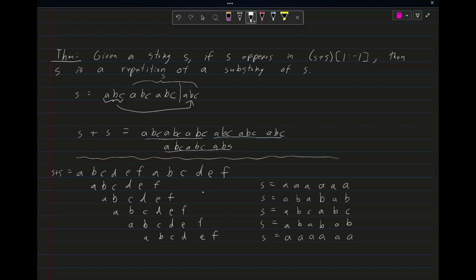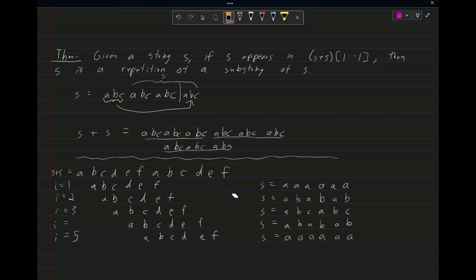Okay, so what is the pattern that's emerging here? Let's say that I is the index that we're offsetting by. So here I equals 1, so we're offsetting by 1. Here I equals 2, we're offsetting by 2. I equals 3. Here I equals 4. Here I equals 5.